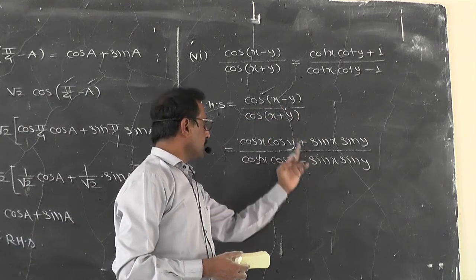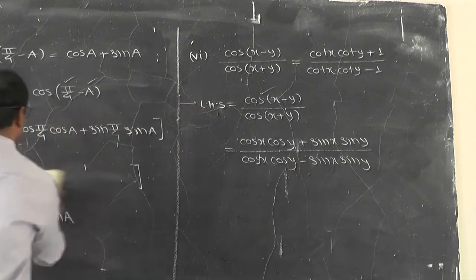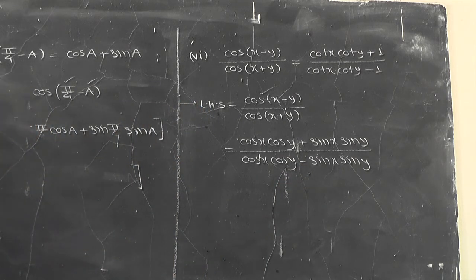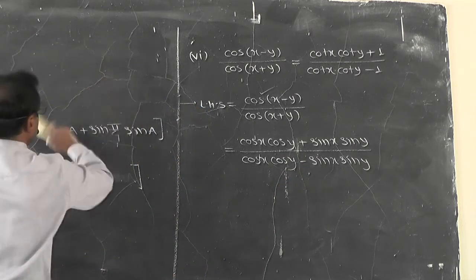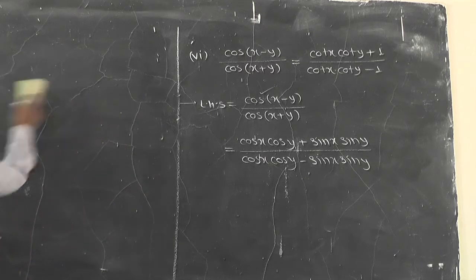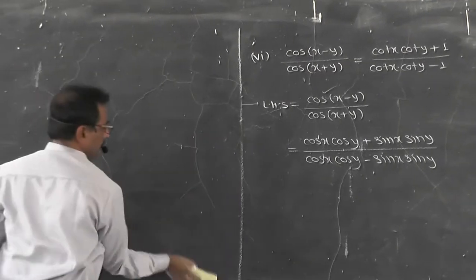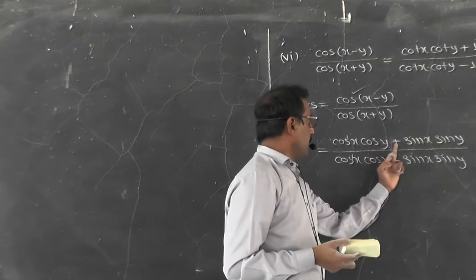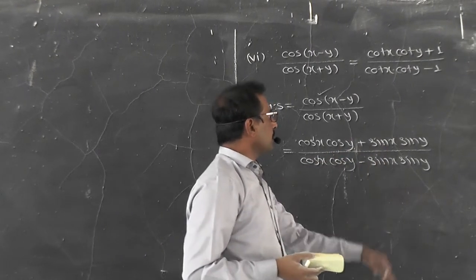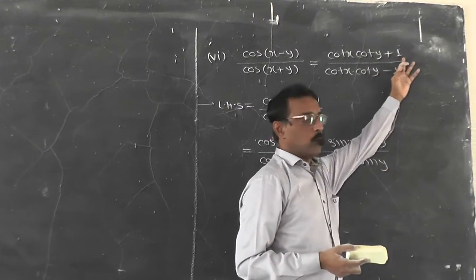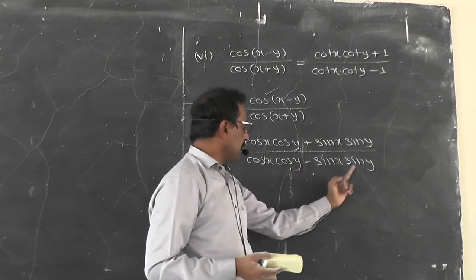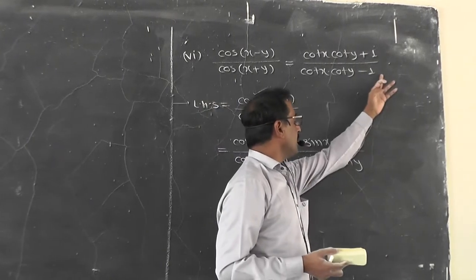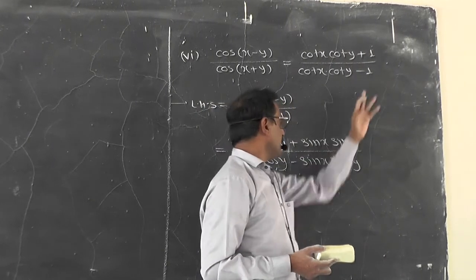Here it is plus, so the answer should be minus. This is after expansion using the addition formula. Here after plus there is sin x sin y, and after minus here it is sin x sin y.